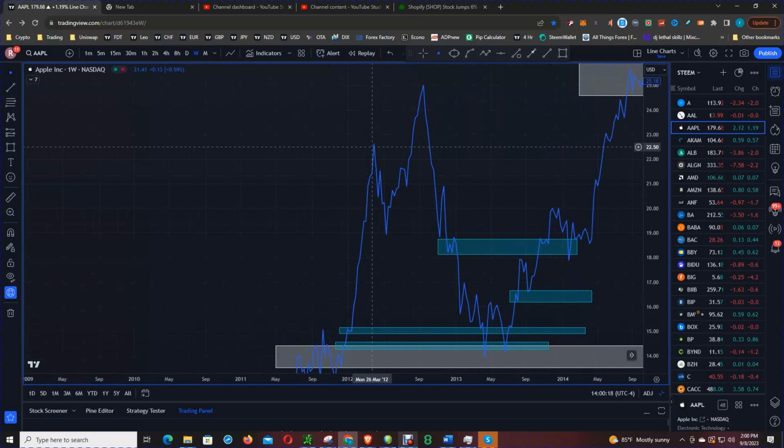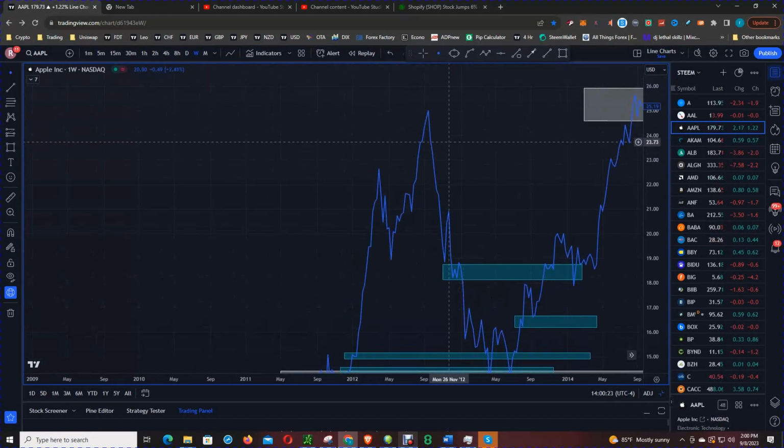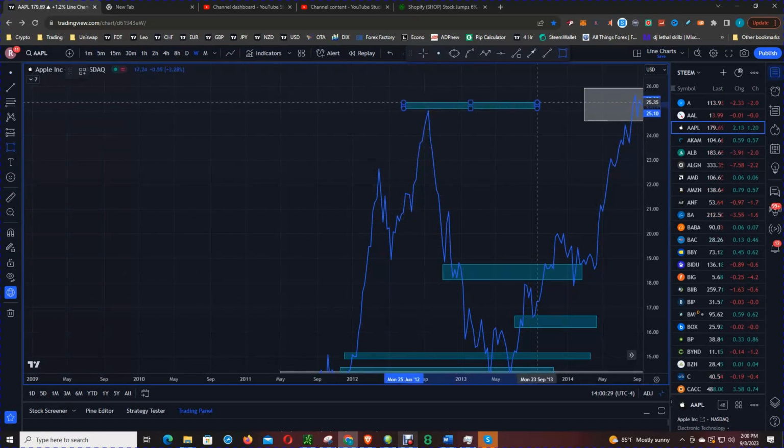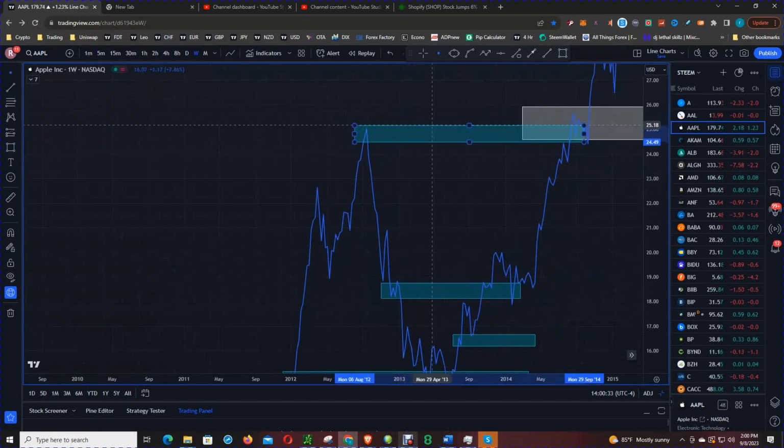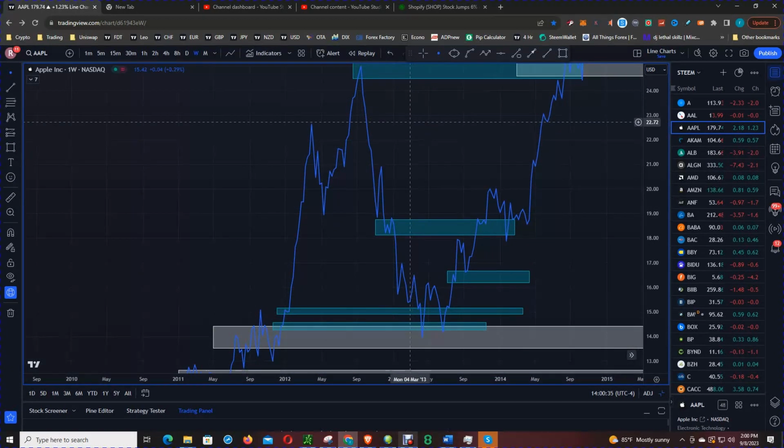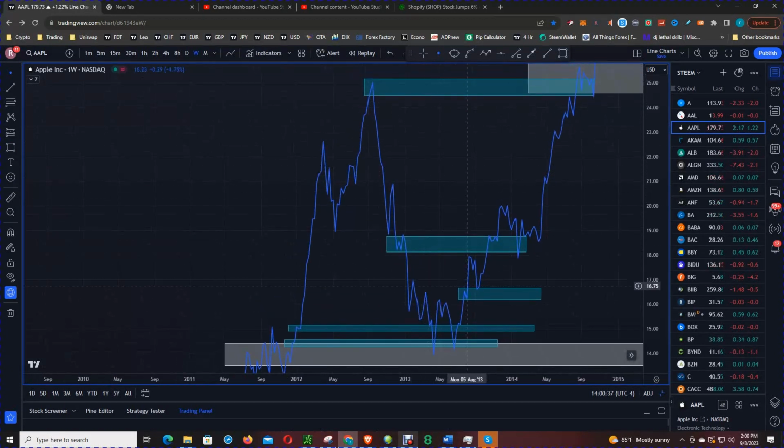Just want to go up. This is a rally, base, drop. Okay, let's put on the candles. We're looking at 1, 2, and 3.